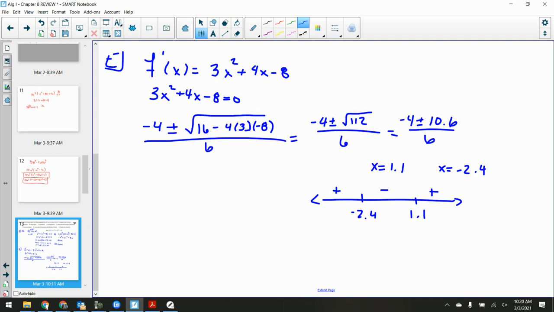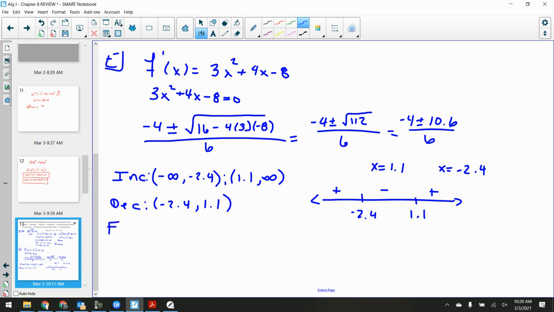All right, now that means it's going to increase from negative infinity to negative 2.4, but also from 1.1 to infinity. It's going to decrease from negative 2.4 to 1.1.